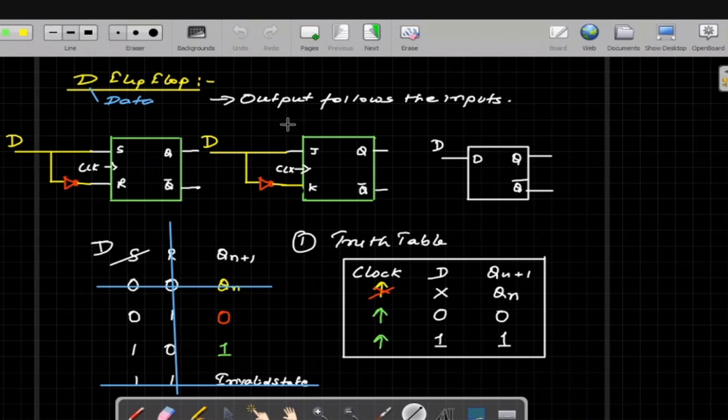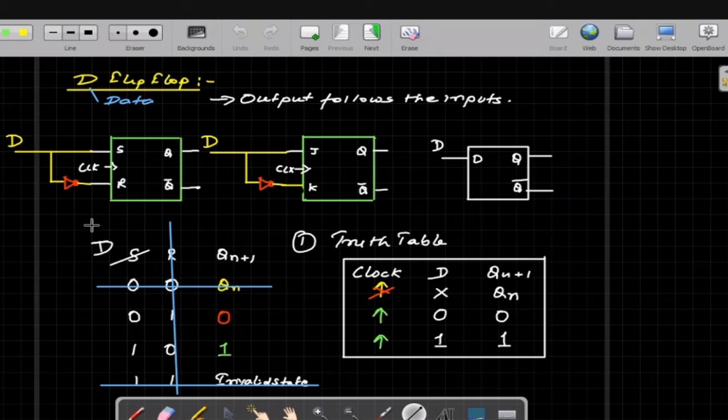Let me summarize. We have the D flip flop, where D stands for data. In D flip flop, your output exactly follows the input. This is our very important tagline regarding this flip flop, and we'll see soon how we arrive at this statement once the characteristic equation has been derived. In the data flip flop, whatever the inputs in SR and JK flip flop, we make a common input by providing one directly and the other to the NOT gate, meaning a complement of that value.